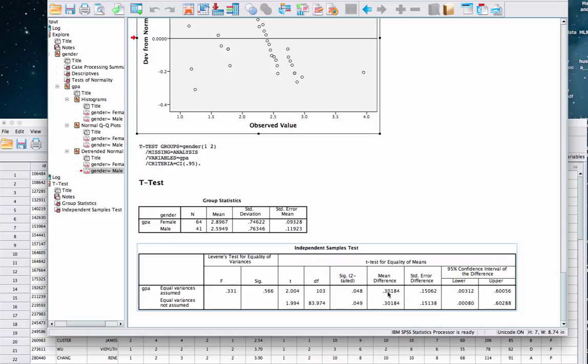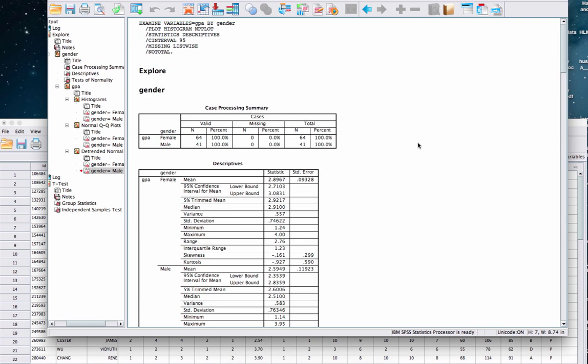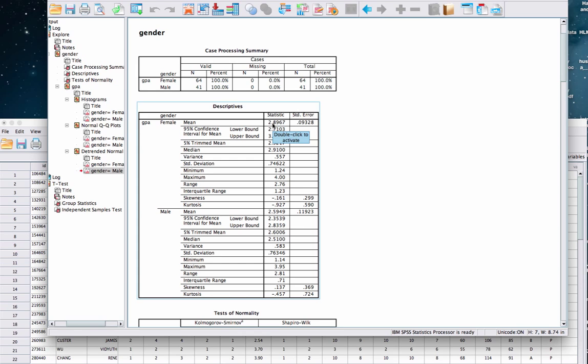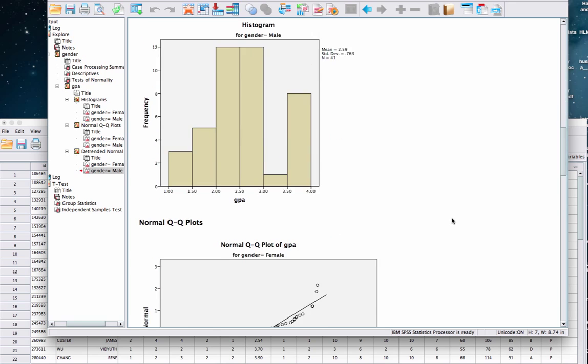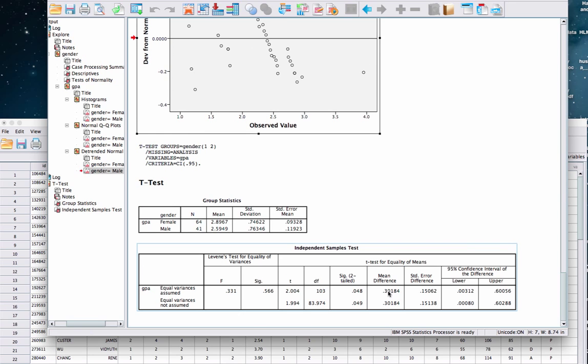The mean difference between male and female GPA is 0.30184. If I go back up here and subtract the male mean from the female mean, I obtain a difference of 0.30184. So this result is significant. Females are scoring significantly higher than males on mean GPA.